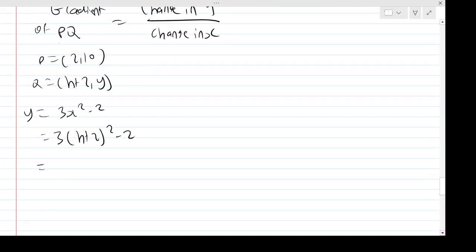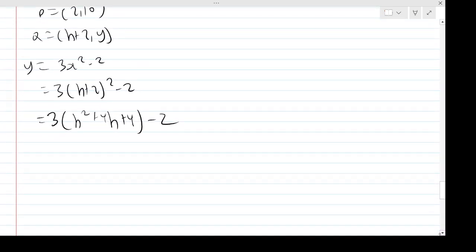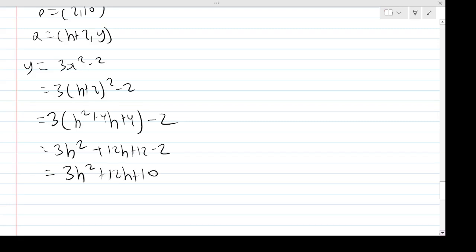If I do that, I get 3 lots of h squared, add 2h, add 2h, add 4, minus 2. Then I can expand that again to get 3h squared, add 12h, add 12, minus 2. And so therefore that goes to 3h squared, add 12h, plus 10. Okay, so there we are.